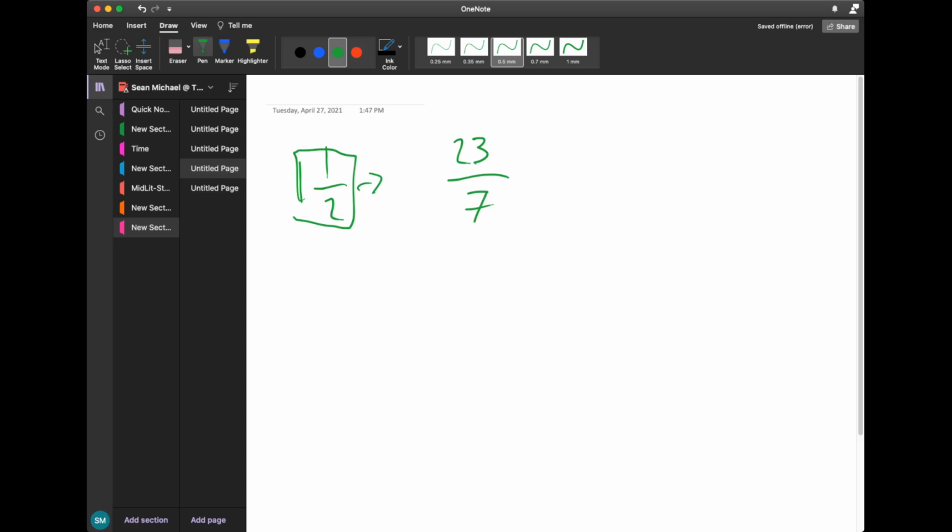So what we do is we say we have one whole, we times the 1 by the 2, because we have 1 whole and a half here, and we're just chopping this into 2 pieces to make it halves, right? So we times it by 2 to see how many halves we have, and that would be equal to 2, and then we add the 1/2, so it's 2/2 plus 1/2, and we end up with 3 halves, right? You see 1, 2, 3.